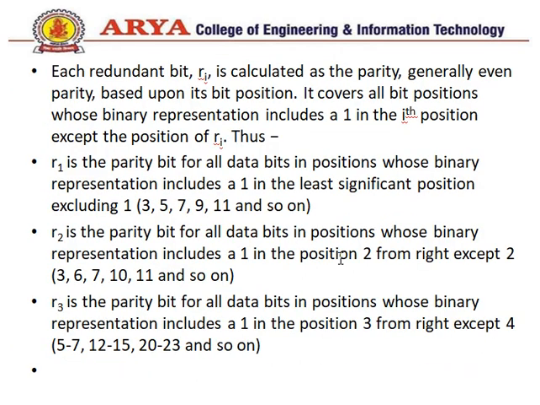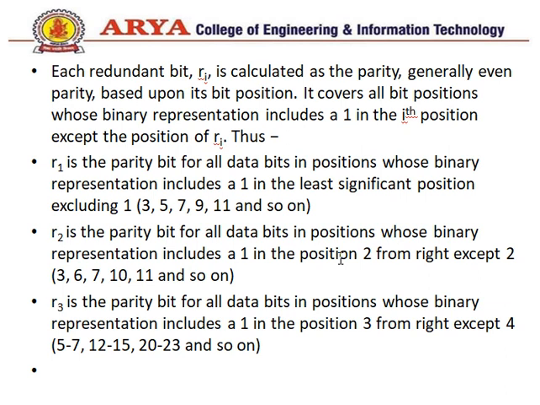Each redundant bit Ri is calculated as the parity, generally even parity, based upon its bit position. It covers all bit positions whose binary representation includes a 1 in the ith position except the position of Ri. Thus R1 is the parity bit for all data bits in positions whose binary representation includes a 1 in the least significant position, excluding 1: 3, 5, 7, 9, 11 and so on.